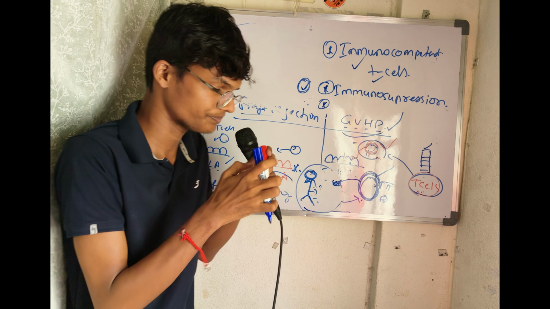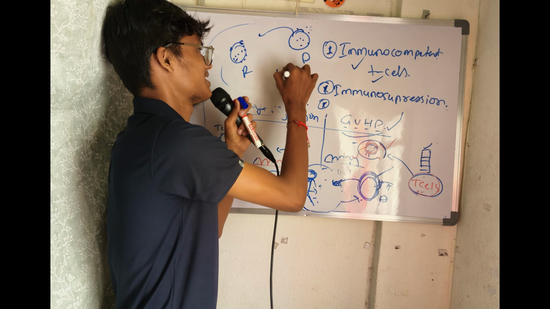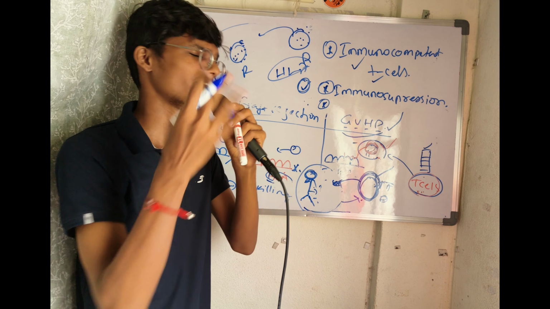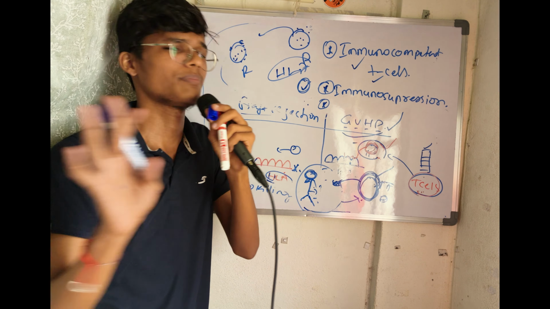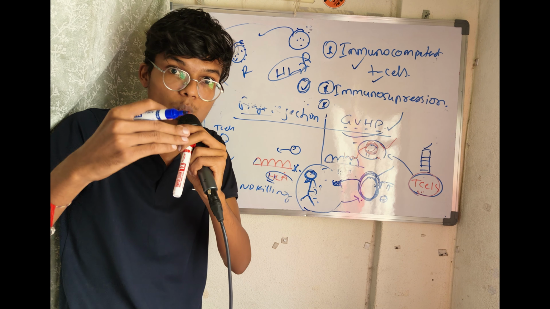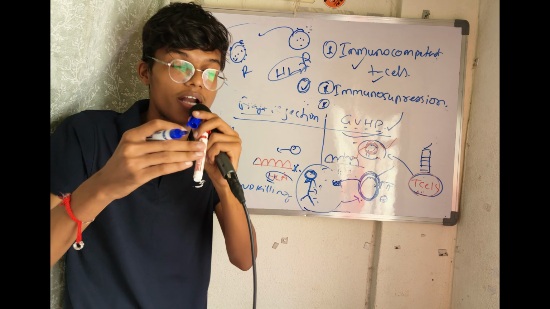So if the antigens which are present in the donor are not present in the recipient, this might happen. What are those antigens? Those are nothing but HLA. HLA in me is different, HLA in you is different, HLA in every person is different. So the third point is, if the antigens which are present in the donor are not present in the recipient, this GVHD might occur.